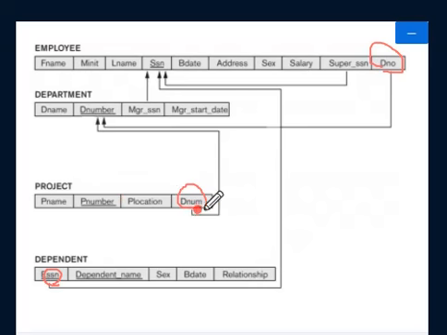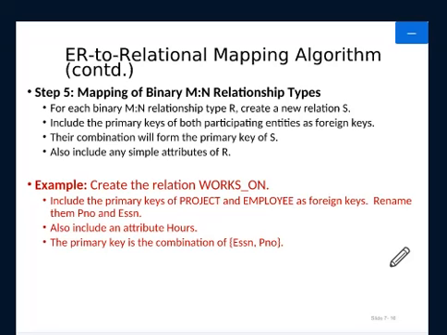So in project, D number is an attribute on which the referential integrity constraint is applied. That means it is logically connected to D number of the department table. Fine, this is how we deal with the mapping.